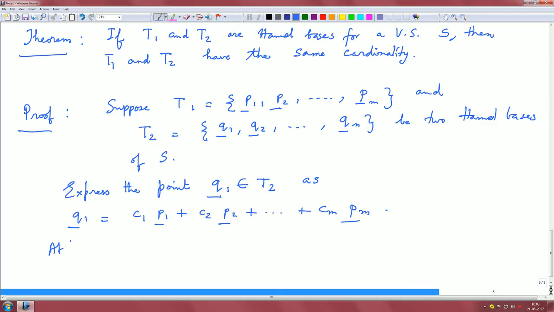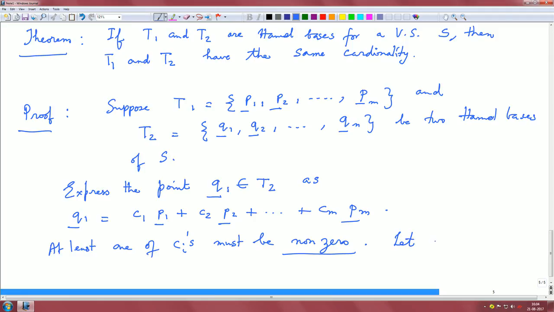Of course, we must say here that at least one of the Ci's must be non-zero, right, because it is a definition of a basis, and let this Ci be say some C1, at least one of them to be non-zero, and let this be C1.